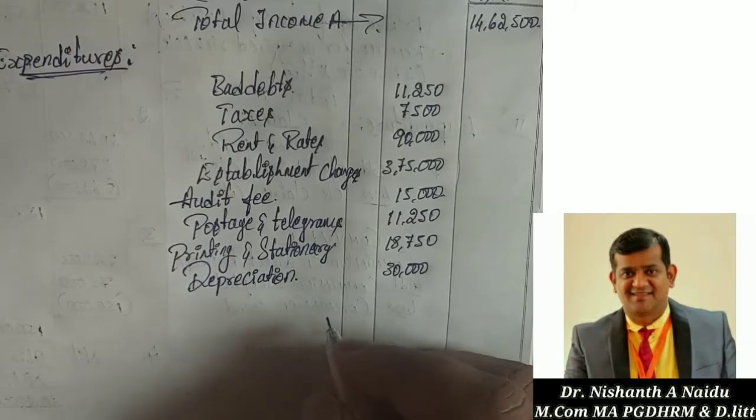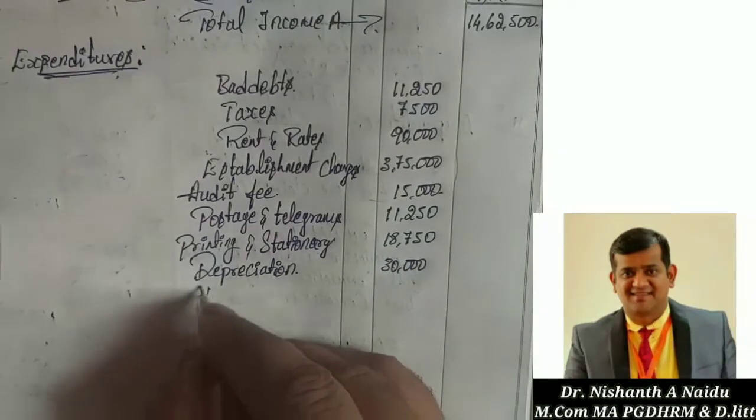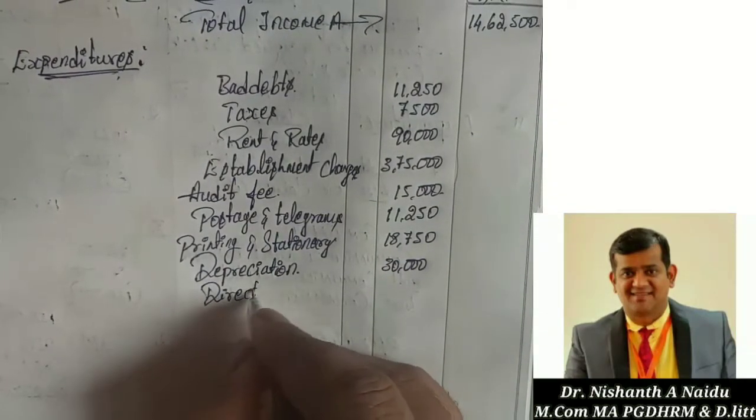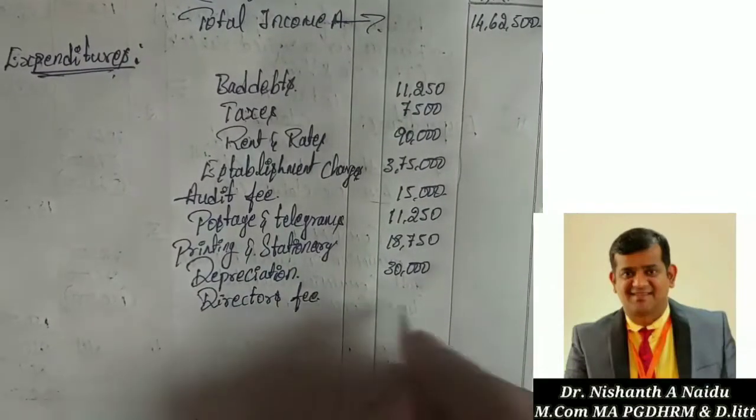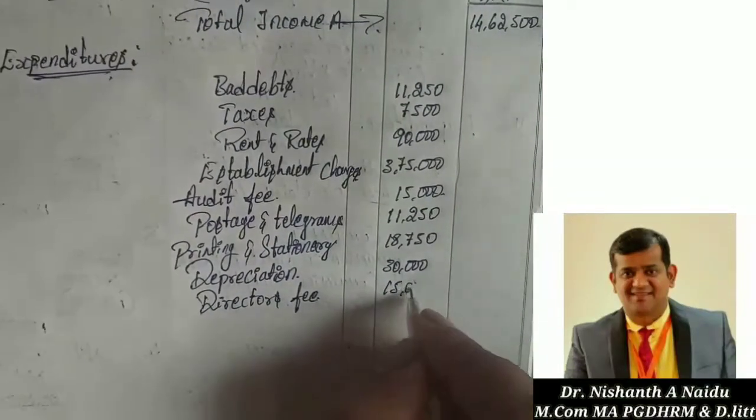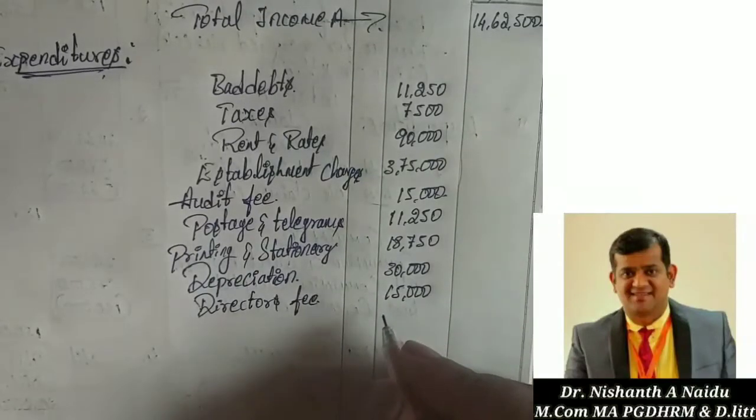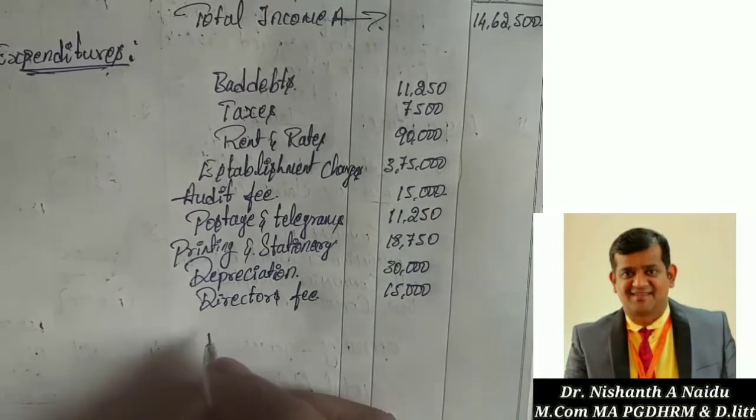Then government securities, shares of companies, interest, dividends that we have taken. Directors fees 15,000 is there, which we need to take here. So directors fee 15,000 rupees. Then remuneration of managing directors 1,35,000 you should take.